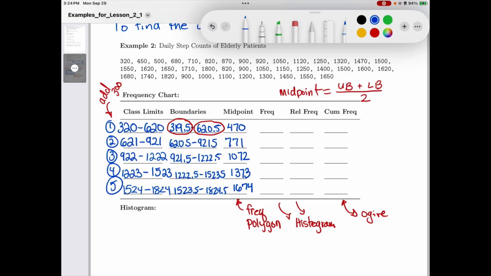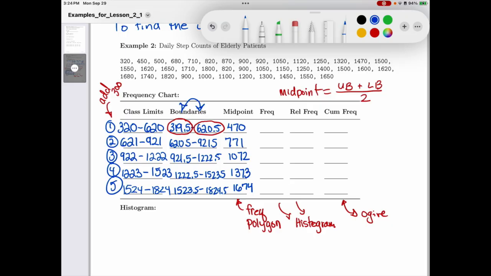Now, the frequency is the number of times that you see a value in the data that falls between the boundary points. So I'm looking to see for class 1 to find the frequency, how many values in my data set fall between 319.5 and 620.5.